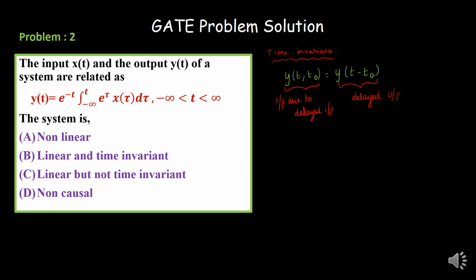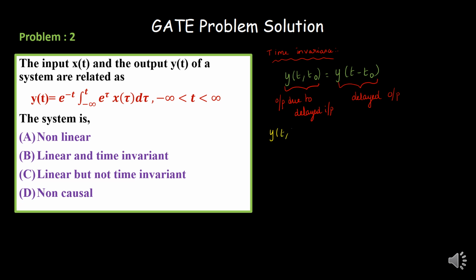So let me find whether the system is time invariant or not. Let me take the left hand side, output due to delayed input. That means the input must be delayed by t naught seconds in that function. So here the function is the same function only.